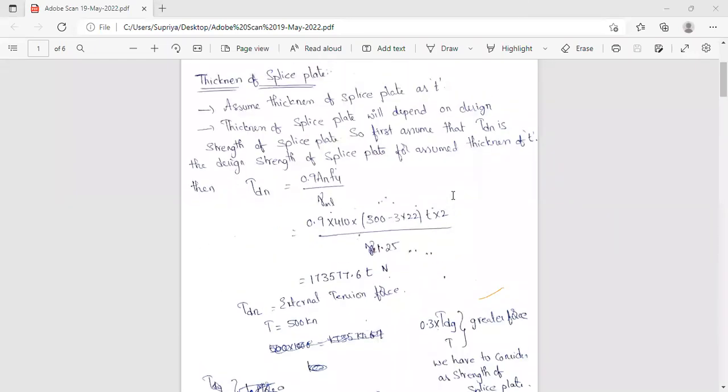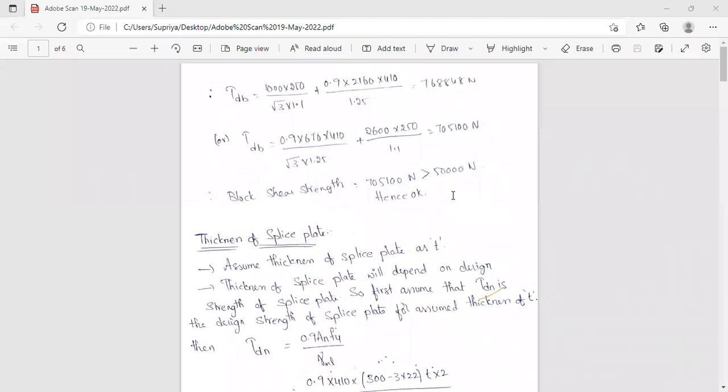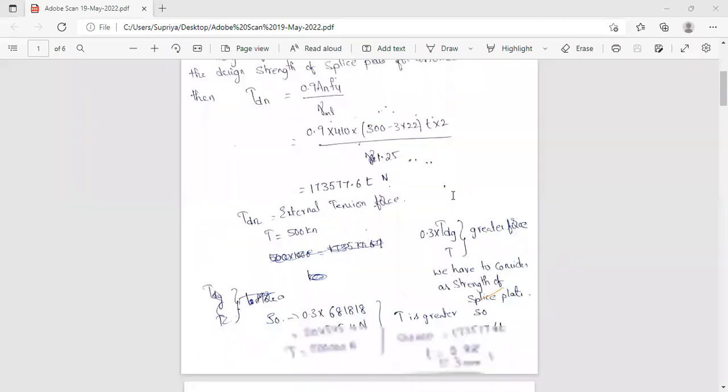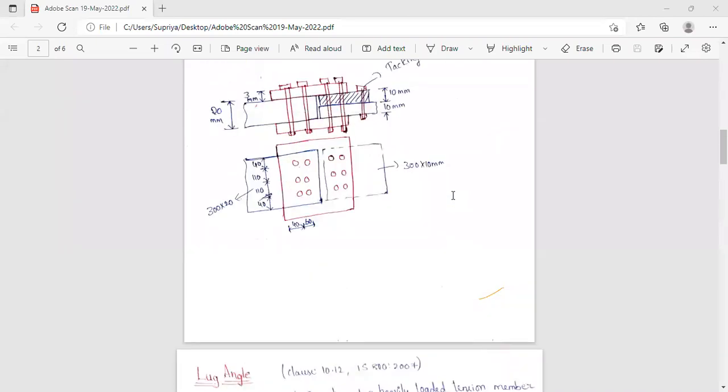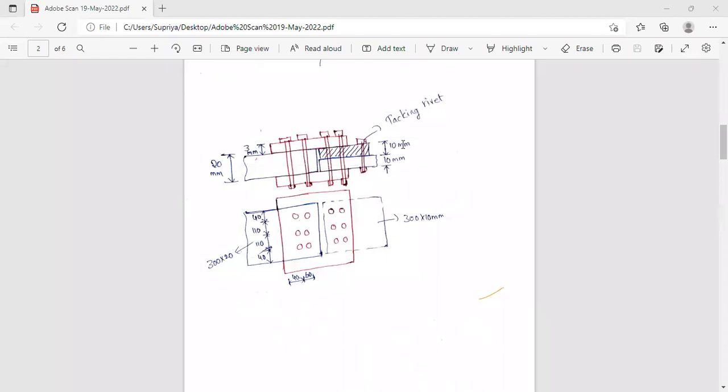After finding the number of bolts and the thickness of the splice plate, you have to give a clear diagram of all these dimensions. Thickness of the first plate is 20 mm, thickness of the second plate is 10 mm, and thickness of the packing plate is 10 mm.